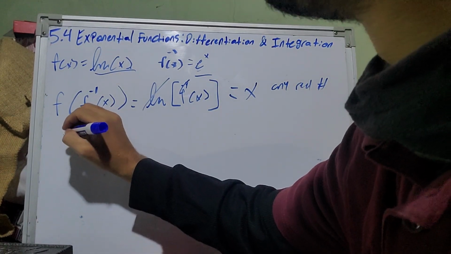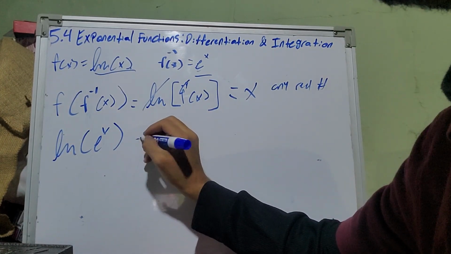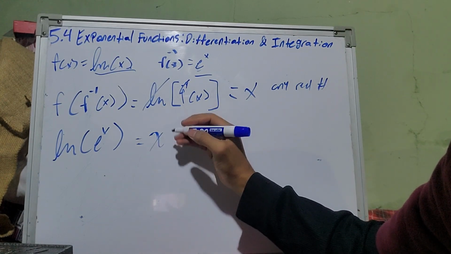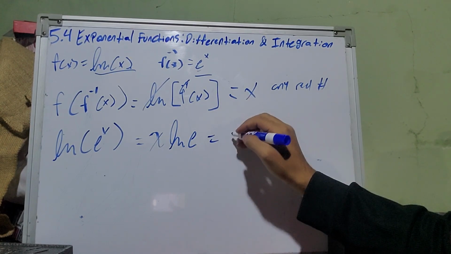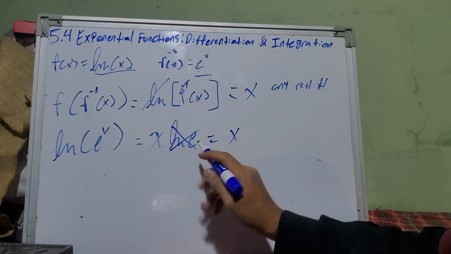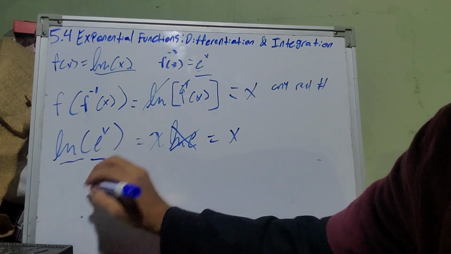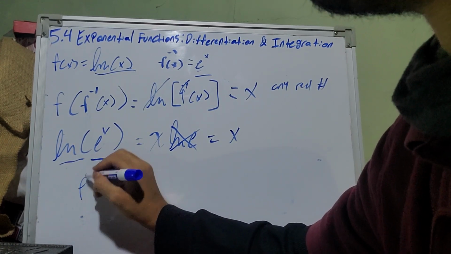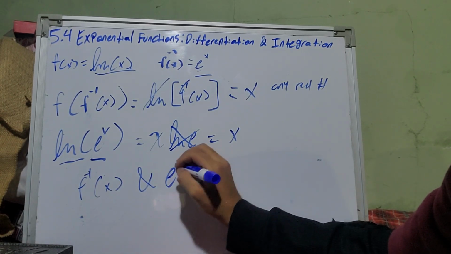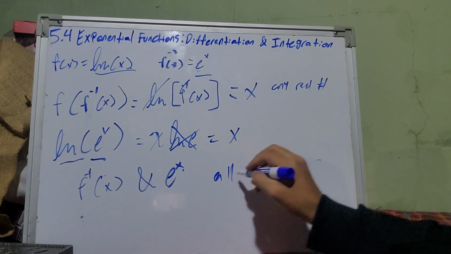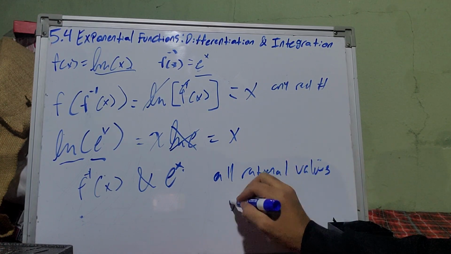If x is real, then ln of e to the x will be equal to x, and e to the ln of x will also be equal to x, as these two will cancel out. Because no matter what, the natural logarithmic function will always be one-to-one with the inverse e to the x, and they will agree for all values of x.